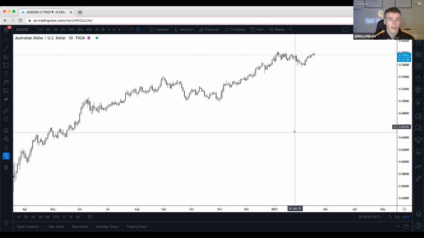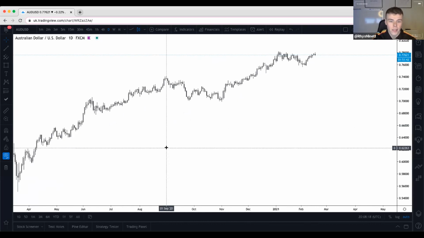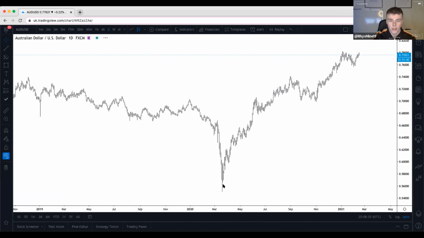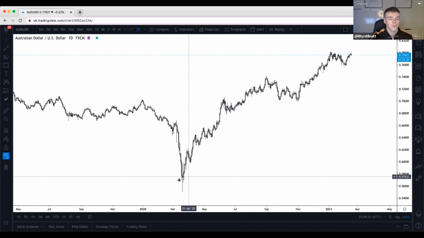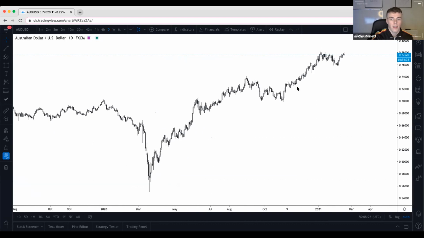So yeah, AUD USD. If you're looking at this blank chart, what we can clearly see is we're heavily bullish right now. We've been going up for a long time, since the pandemic hit back in March 2020, we've been bullish ever since.